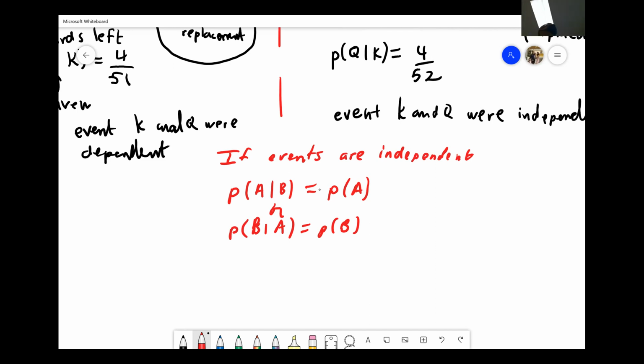So to show that something is dependent, you show that its probability and the conditional are not equal to each other, and you're good.